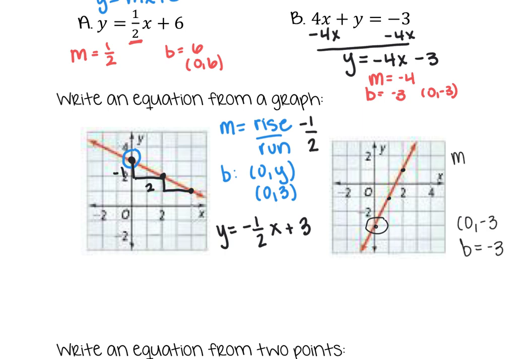If I identify my slope, which is rise over run, I'm going up 2 over 1, up 2 over 1. So that's a rise of 2 and a run of 1, or a slope of 2. So my equation for the second graph is y equals 2x minus 3. Again, this should be review.